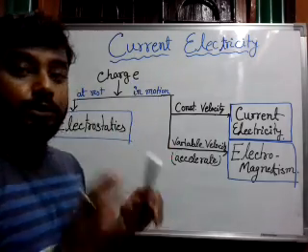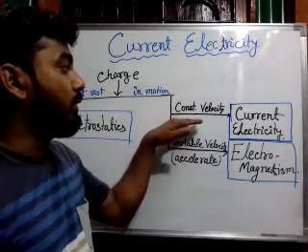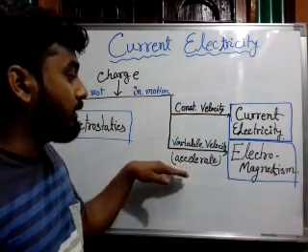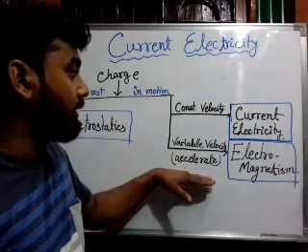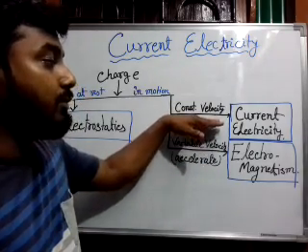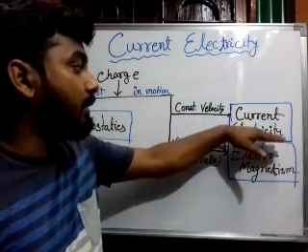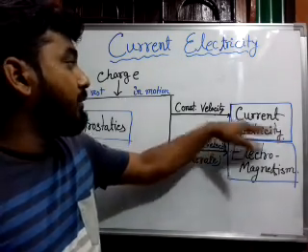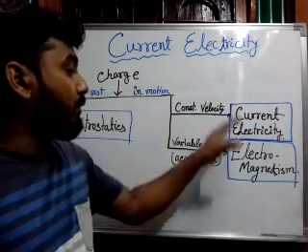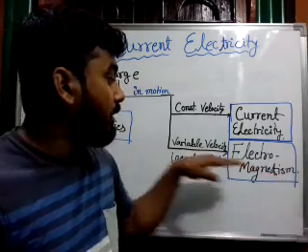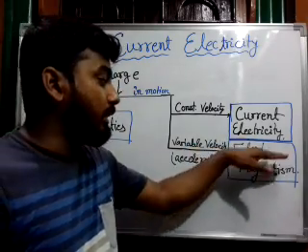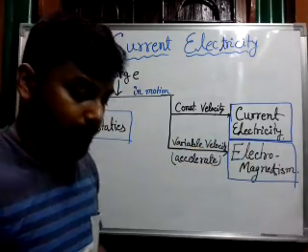Charge in motion has 2 types of motion: one is constant velocity and another is variable velocity, that is accelerated. Constant velocity we discuss in current electricity, and variable velocity we discuss in electromagnetism.